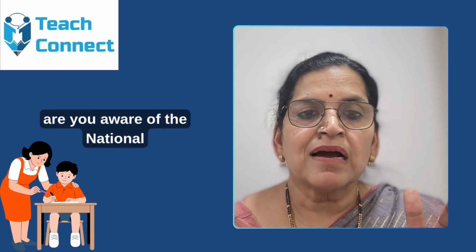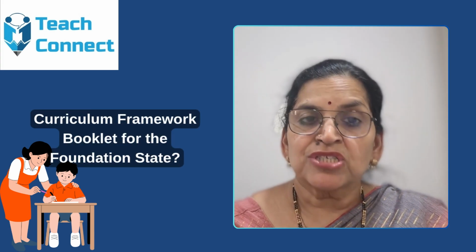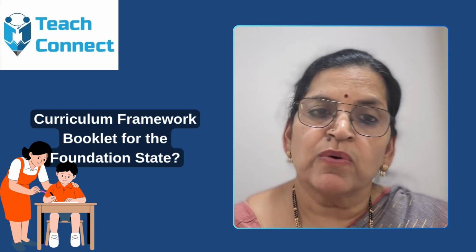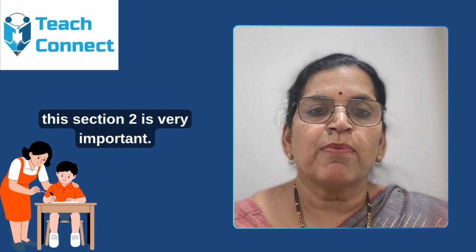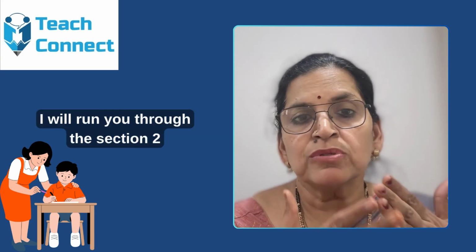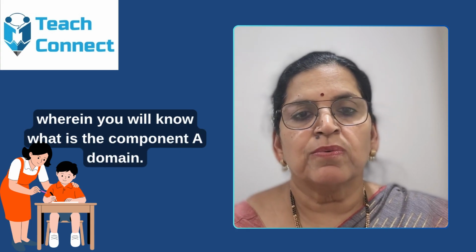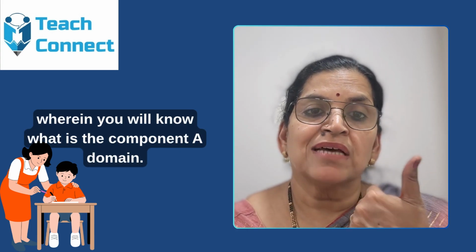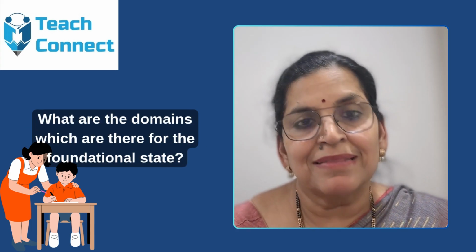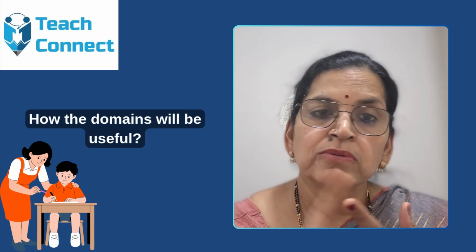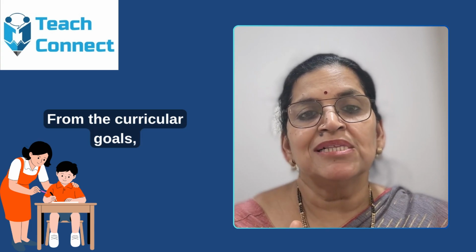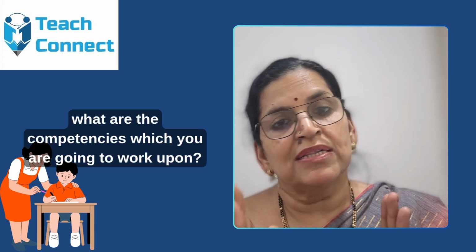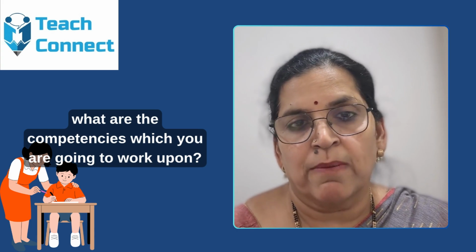For that, are you aware of the National Curriculum Framework booklet for the foundation stage? Section 2.1. This section 2 is very important. Now I'll run you through section 2, wherein you will know what a domain is, what the domains are for the foundational stage, how the domains will be useful, from the domains what the curricular goals are, and from the curricular goals what the competencies are that you are going to work upon.